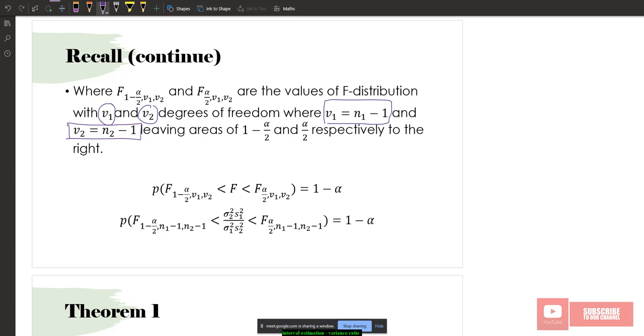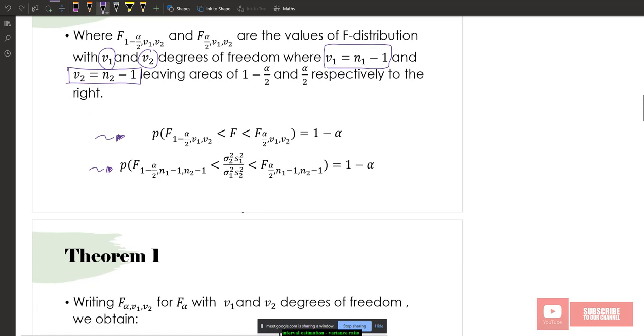So the interval estimation can also be written like this, which is the same as the previous slide.